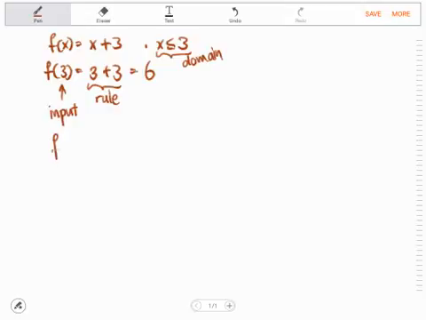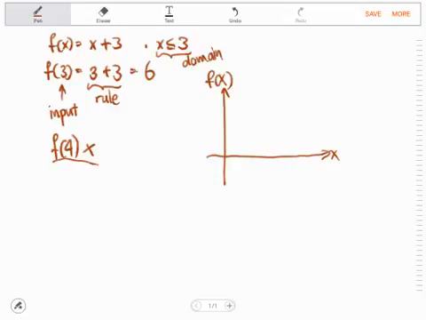That means that, let's say, f(4) is not valid. There's no such thing as f(4), because 4 is greater than 3 and the domain is only lesser or equal to 3. That means, let's say if we were to draw a graph where this is x and this is f(x).